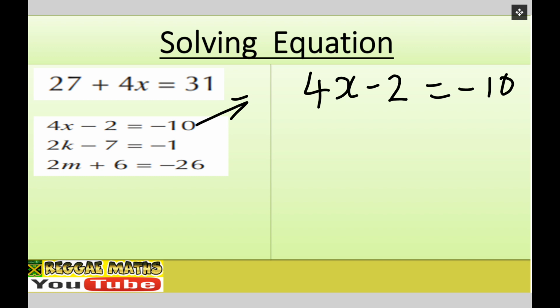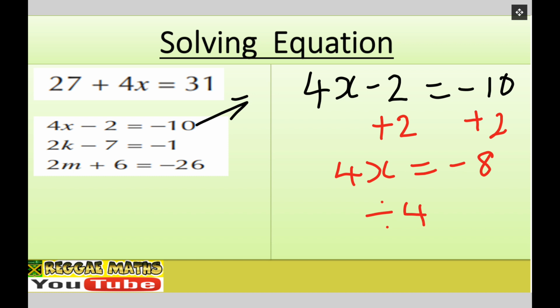So step 1, we're going to get rid of the minus 2, so we add 2 to both sides of the equation, and end up with 4x equals minus 8. Then the next step, we're going to divide both sides by 4. So your answer is x equals, a positive into a negative is negative 2.